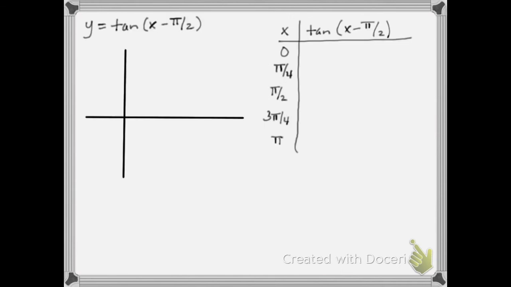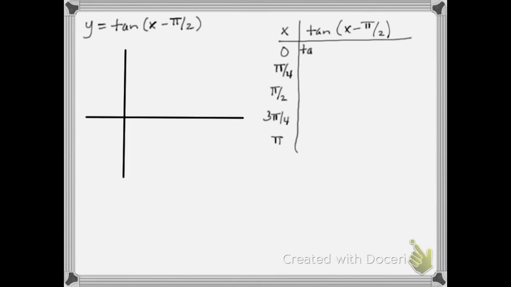For our new graph, y equals tan of x minus pi over 2, I created a little t-table so that we can plug these values in and get the tan of these angles. We're going to start with 0.